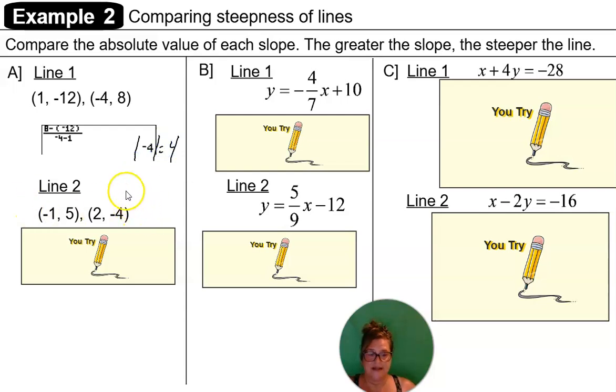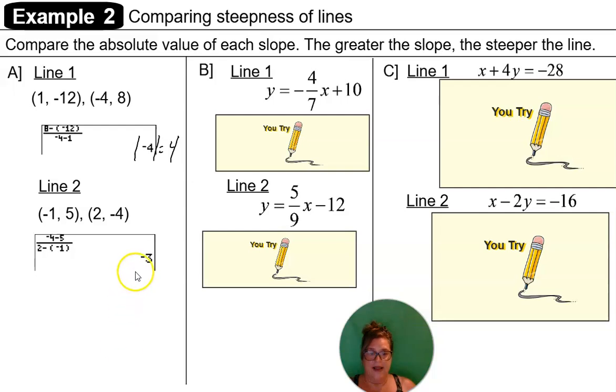Okay, line 2, we take -4 minus 5, divide that by the quantity 2 minus -1, and we get a slope of -3. Again, we're going to take the absolute value of that, and we get a positive 3. The greater slope is the steeper line, and 4 is greater than 3. So in example A, line 1 is the steeper line.